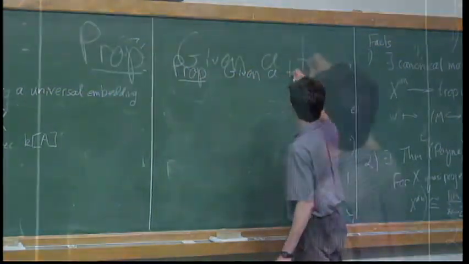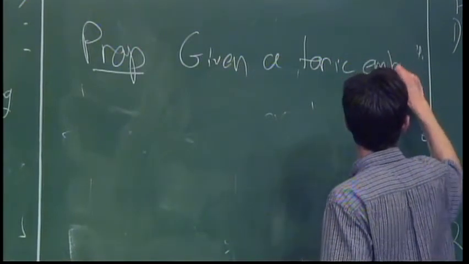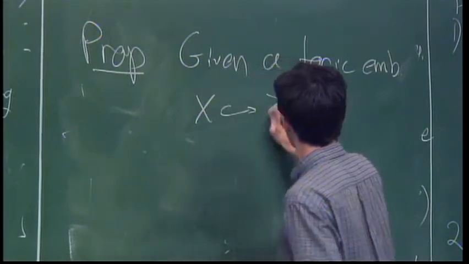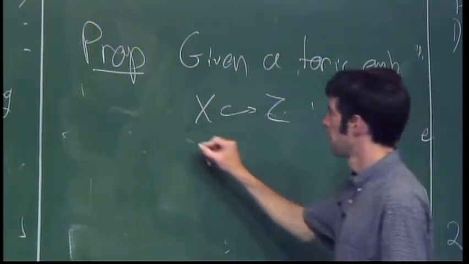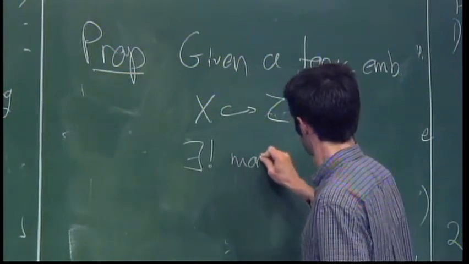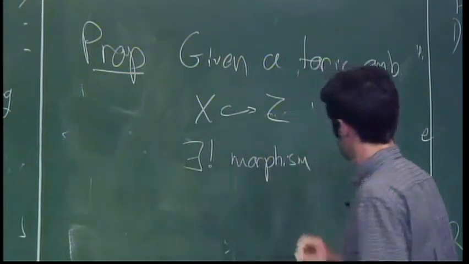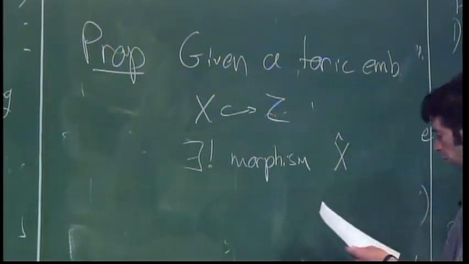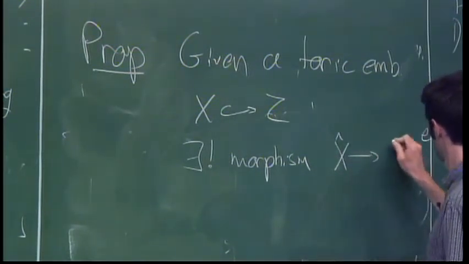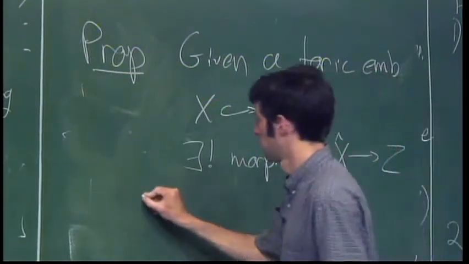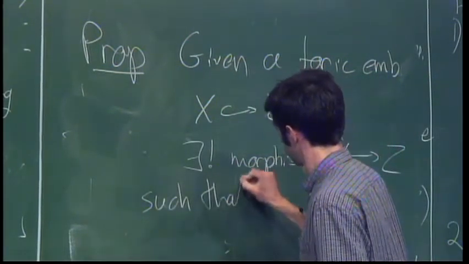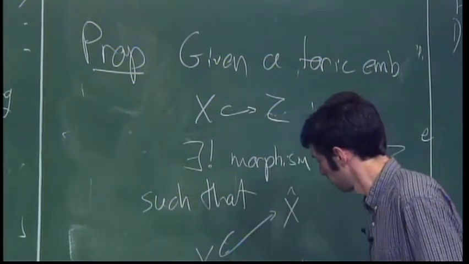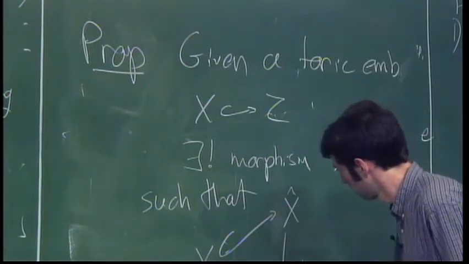Given a toric embedding X into Z, there exists a unique morphism from X hat to Z such that the diagram commutes.